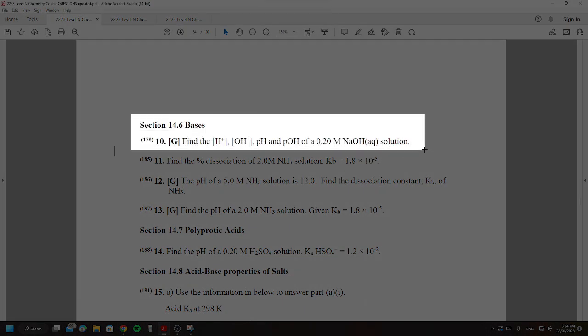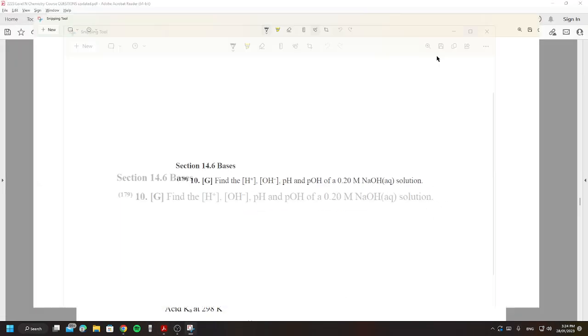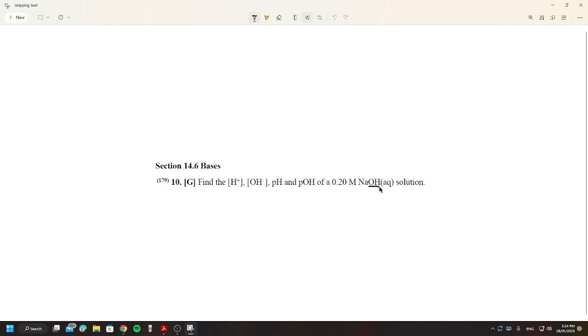NaOH is a strong base, so we know that it completely dissociates. So in this case, the concentration of OH minus is just going to be 0.2, because NaOH totally dissociates.